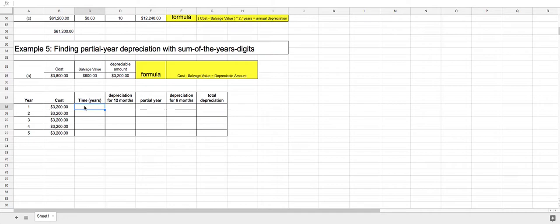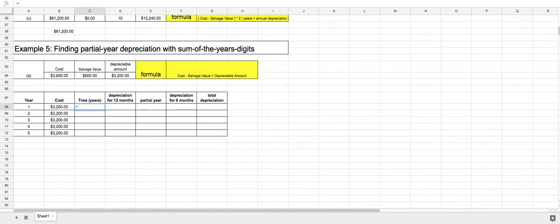Now, as we discussed in lesson 16.3, we talked about finding the fraction for the sum of year digits. So we're going to use those fractions that we were able to calculate before here. The life on this one is out of 4 years.